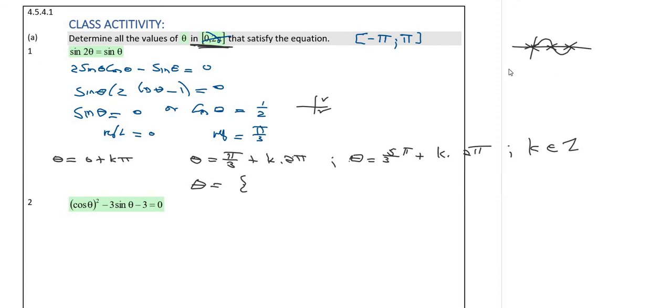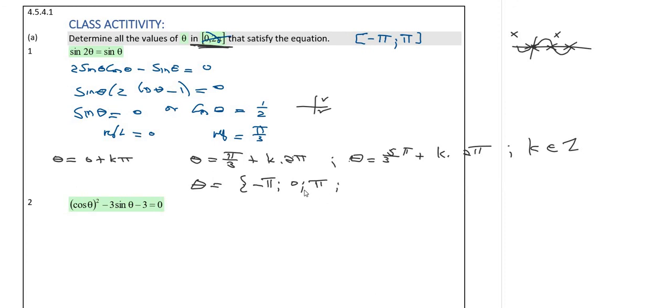So between minus pi and pi will then be from here to here. So it's going to be minus pi, 0 and pi for this one.